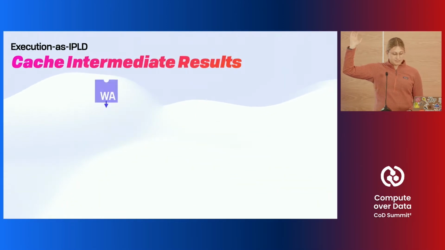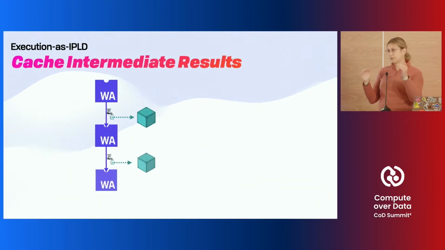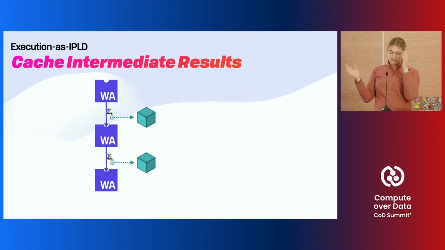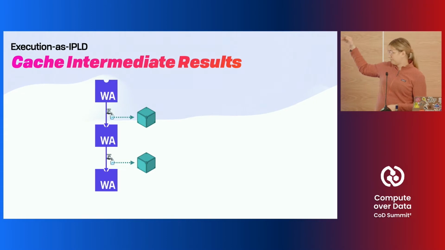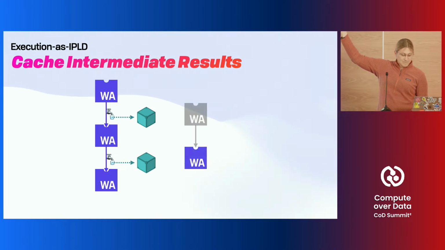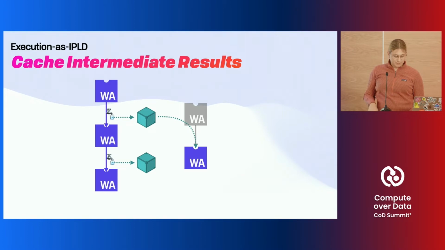Caching intermediate results, even within a job. A lot of systems do this per opcode for verification reasons. We think doing this between WASM modules makes sense, where we can tap them and store the intermediate results in IPFS. And then if I have some other job, I can now pipe that in to that job and then continue on from that point.